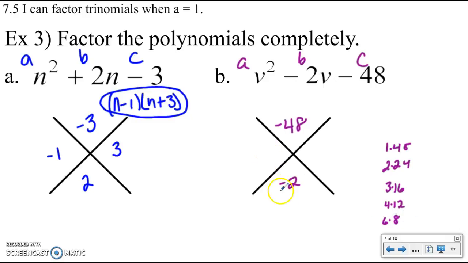So since this needs to be a -2, the only ones that are 2 apart would be 6 and 8. And I need it to be a -2, so I want my 8 to be negative, because 6 times -8 is -48. 6 plus -8 is -2. So v plus 6 and v minus 8.